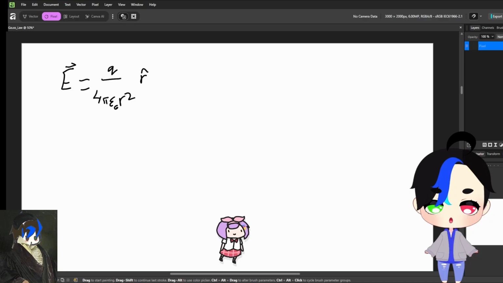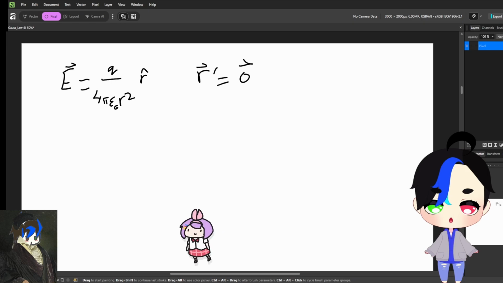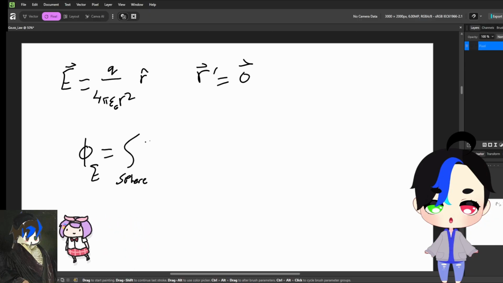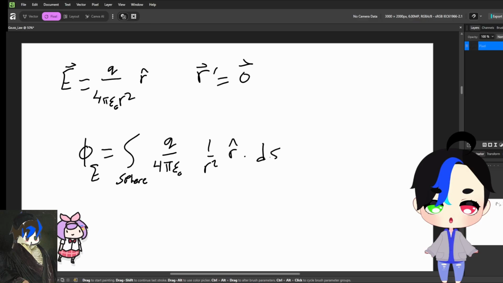And I'm just going to say it's placed at the origin, so your source vector is just the zero vector. That makes this easier. I want to calculate the electric flux over a sphere. So you have Q over 4 pi epsilon naught, 1 over r squared, r hat dot dS.